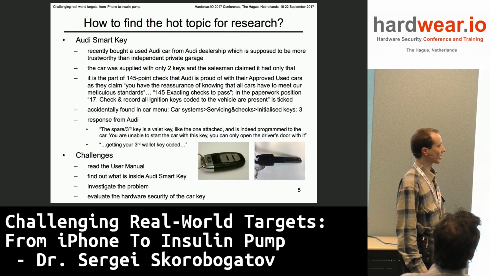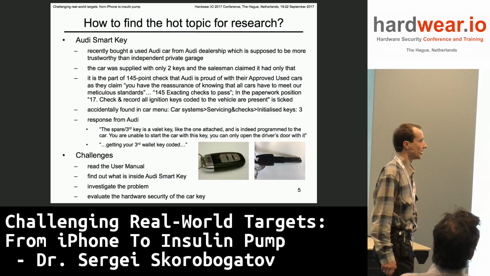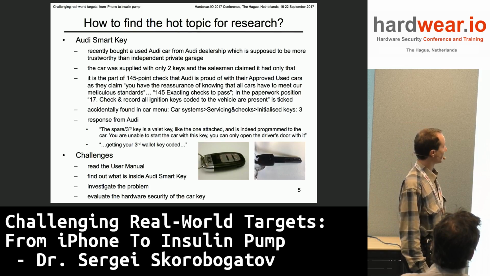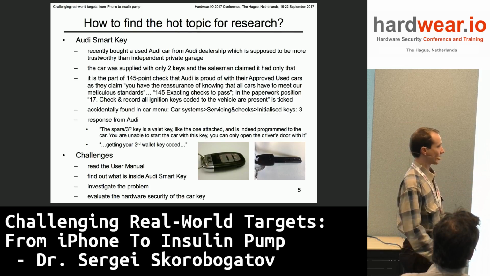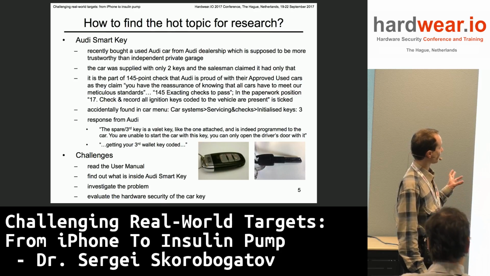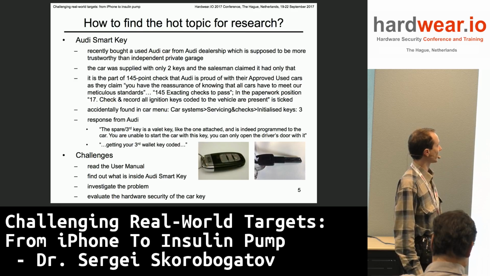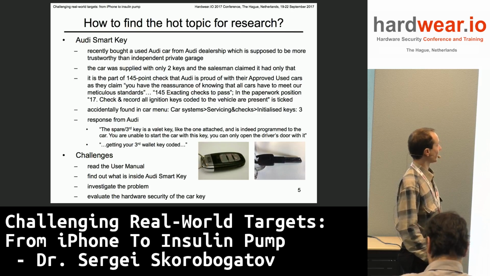The next challenge came from my own experience when I bought a second-hand car from an Audi dealership. I was given only 2 keys, while Audi make a very strong claim for the used cars that they pass a very strict 145-point checking process to make sure that everything was correct.